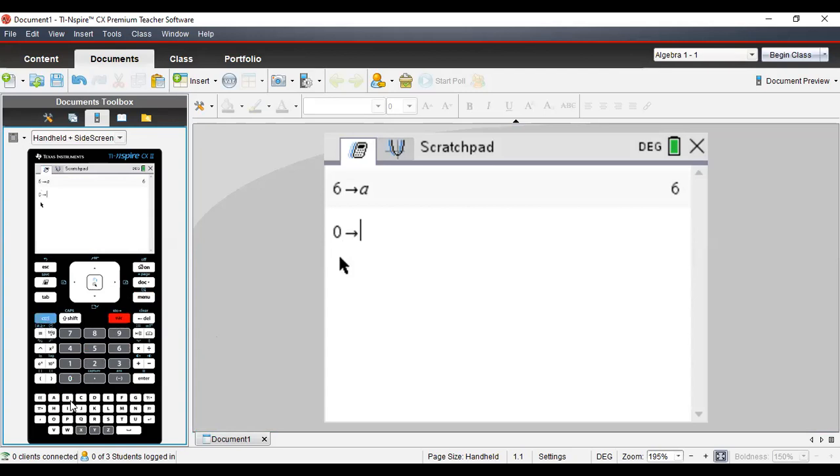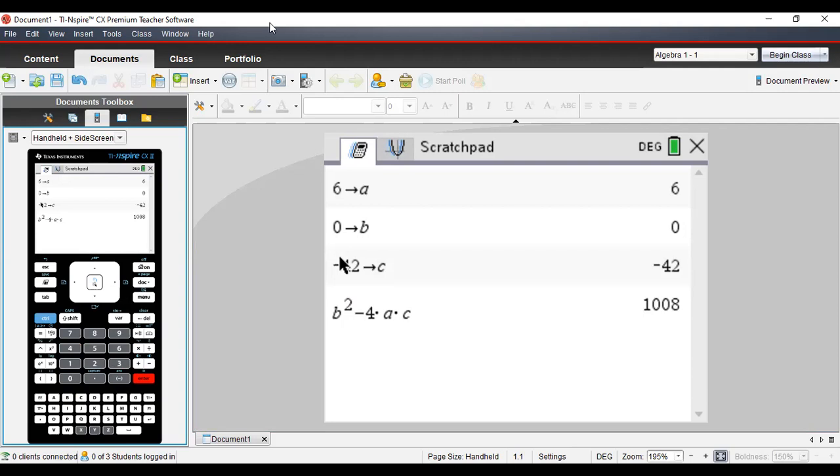And we're going to store that into B. And then we are going to store a negative 42 into C. And then we're just going to calculate the part inside the square root. So that is B squared minus 4 times A times C. Boom. So that's 1,008. I've got everything that I need now to finish this question.